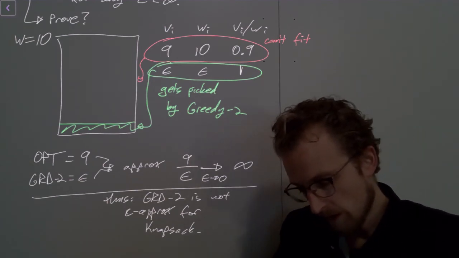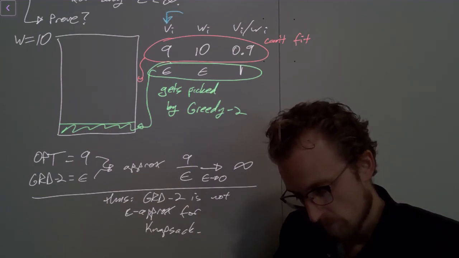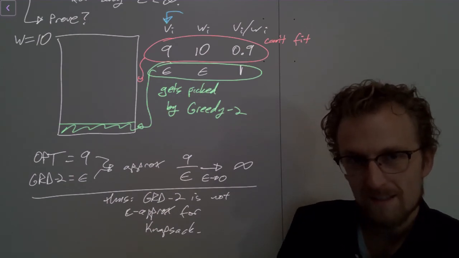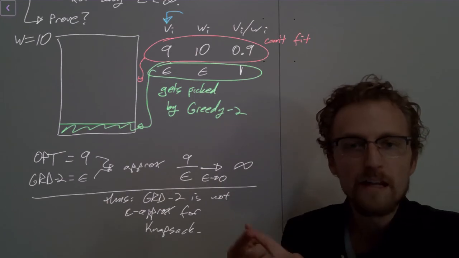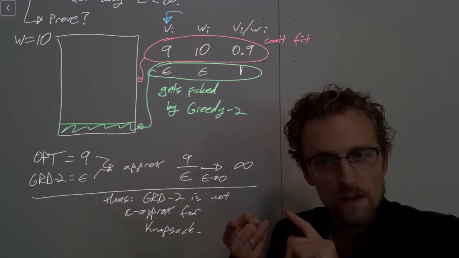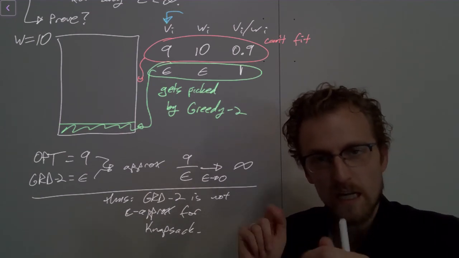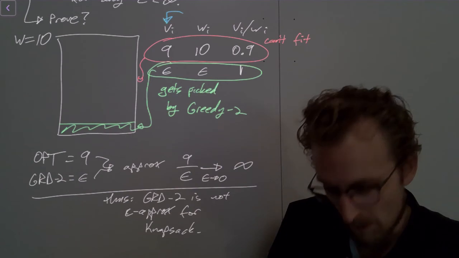Well, greedy 1 sorts by the values and then walks down the list. Well, greedy 1 always gives the optimal answer here. Okay, so on a worst case instance or a worst case family of instances for greedy 2, greedy 1 is optimal.